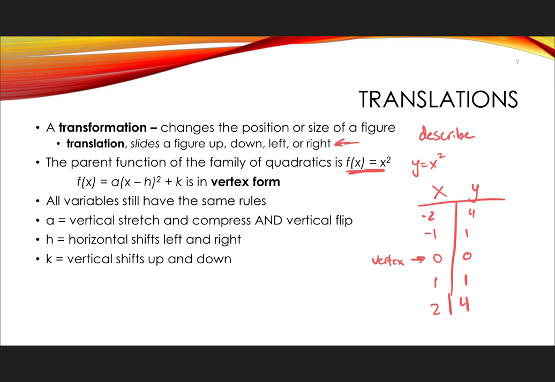Now, we're going to use this parent function, this table, to describe where the graph moves to, because that's what the transformations are doing. They are all moving from the parent function. And this is why it's called vertex form. Because we are getting so special with A, H, and K, it's actually going to give us a little more information than just the transformations. It's going to tell us what the vertex is now.